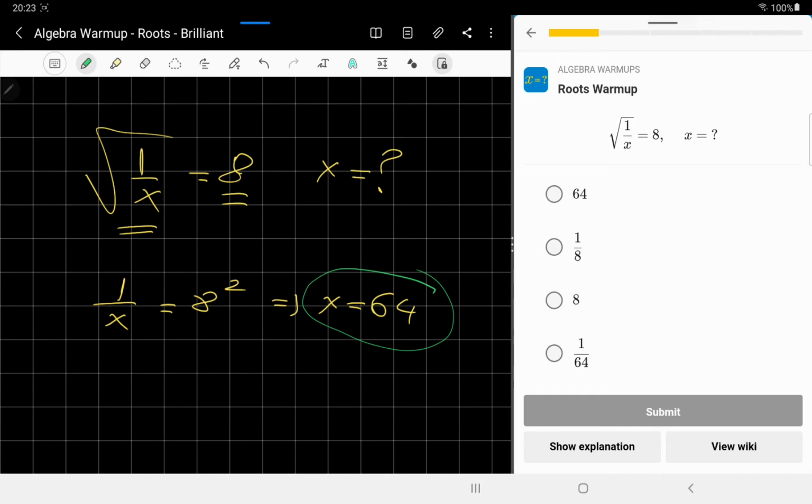But let's check. What is the value of x over here?